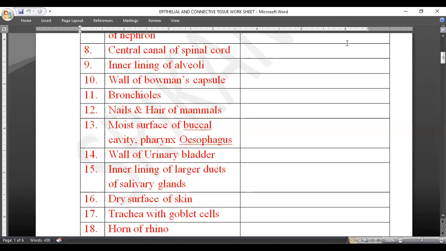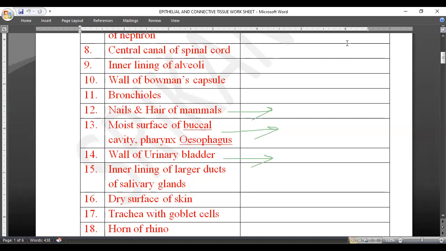From here we need to start, isn't it? Nail and hair of mammal: stratified squamous keratinized epithelium. Moist surface of buccal cavity, pharynx, esophagus: stratified squamous non-keratinized epithelium. The wall of urinary bladder: transitional epithelium.